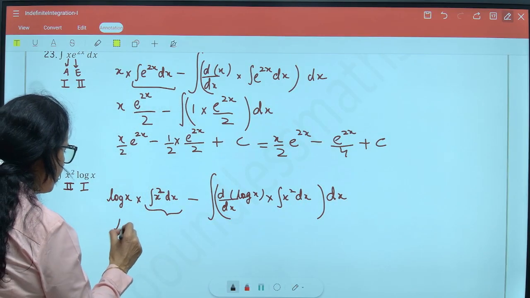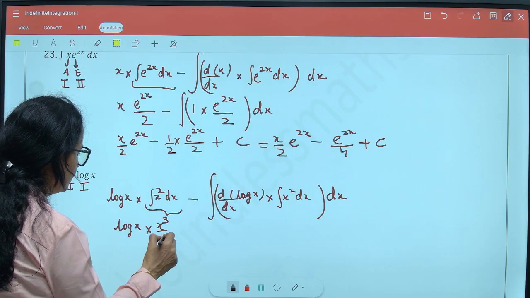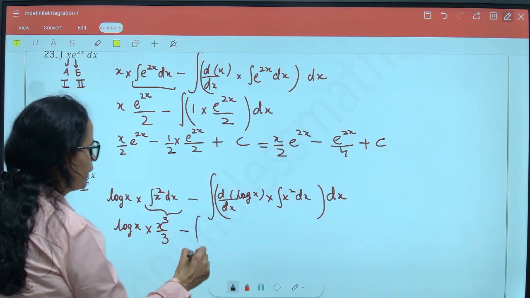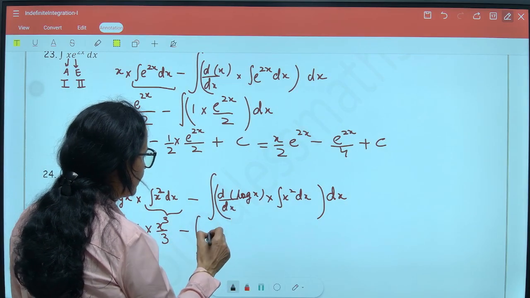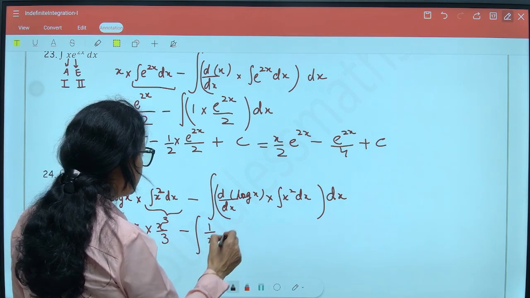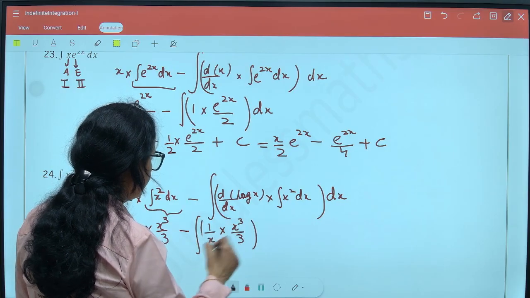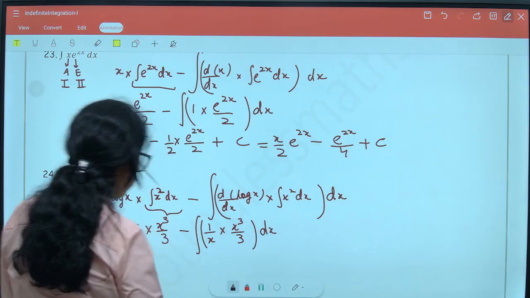Now what is log x, and then the integral of x square is x cube by 3 minus integral of derivative of log x is 1 by x, integral of x square is x cube by 3 and then you need to integrate it again.